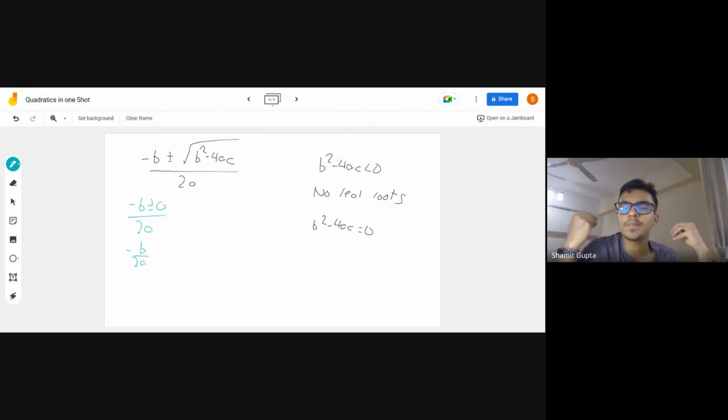So we call that a repeated root. Basically, it has two roots, but those two roots are the same. I know it sounds silly, but that's how it is. So these are two same roots, or you could say one distinct root. There are many ways you can say it. But they're actually two roots. Both of them are negative b over 2a, so they're repeated.